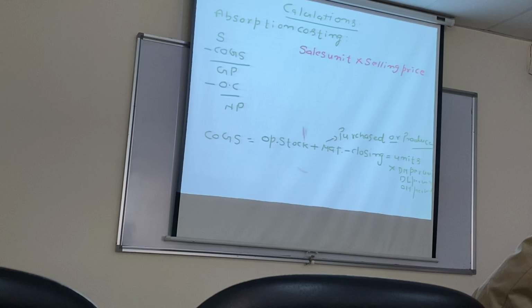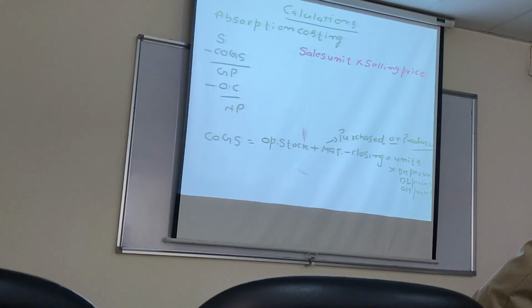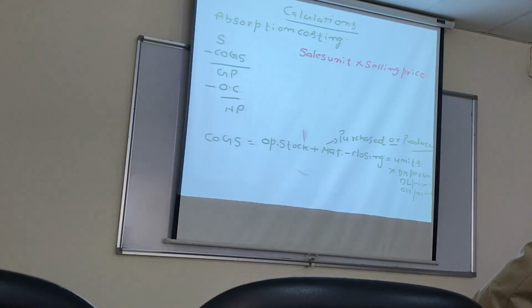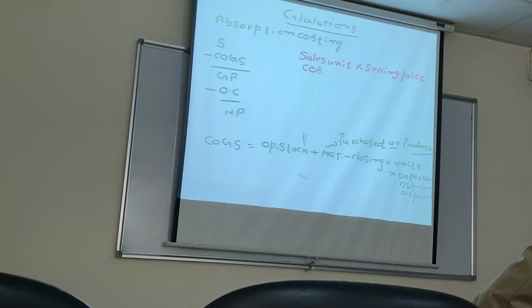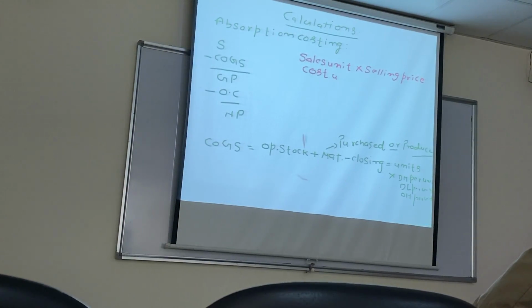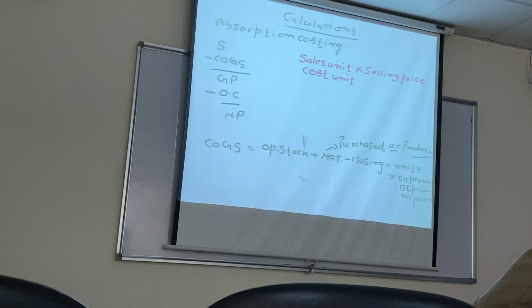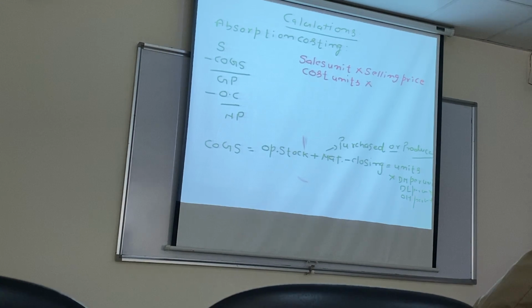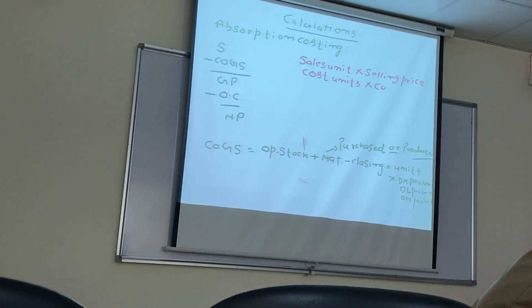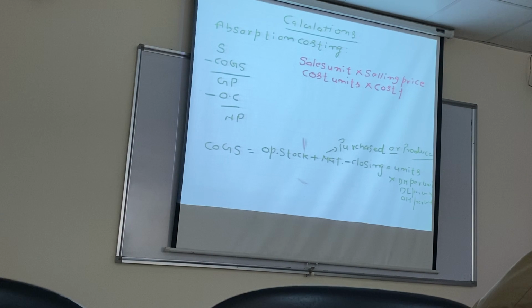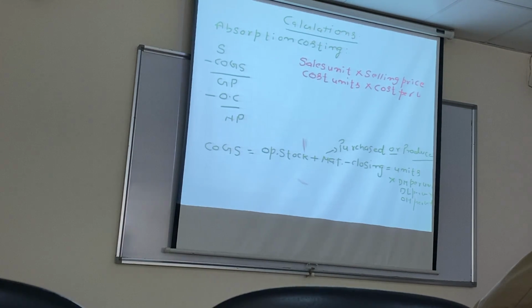So cost of goods sold, units. Let's say that cost, units, manufacturing cost, units, multiply by cost per unit.